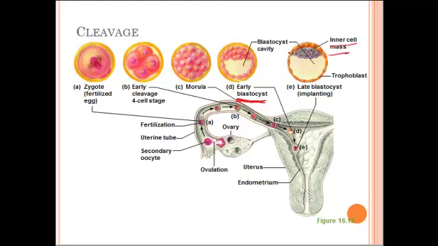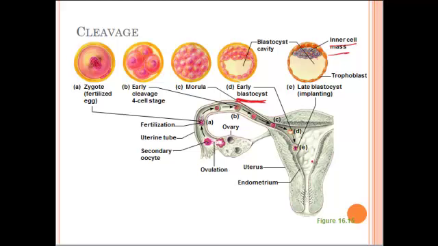The rest of the cells on the outside are going to function in helping to form the placenta and other necessary parts of the growing embryo and then fetus. But the inner cell mass, those are the cells that will eventually grow into the human.